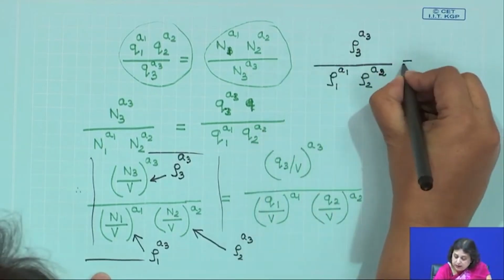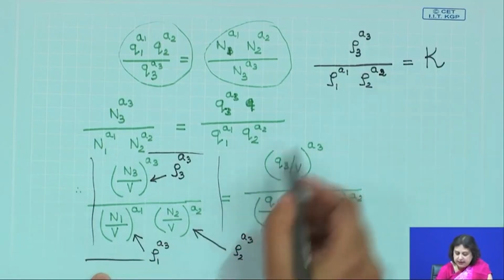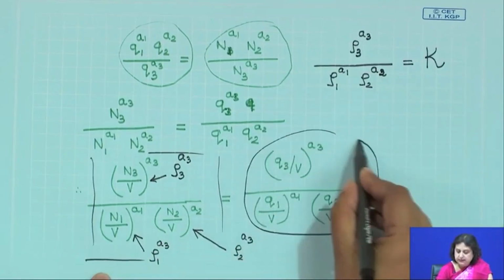So, let me call this ratio K. Now, at equilibrium this K is given by this.